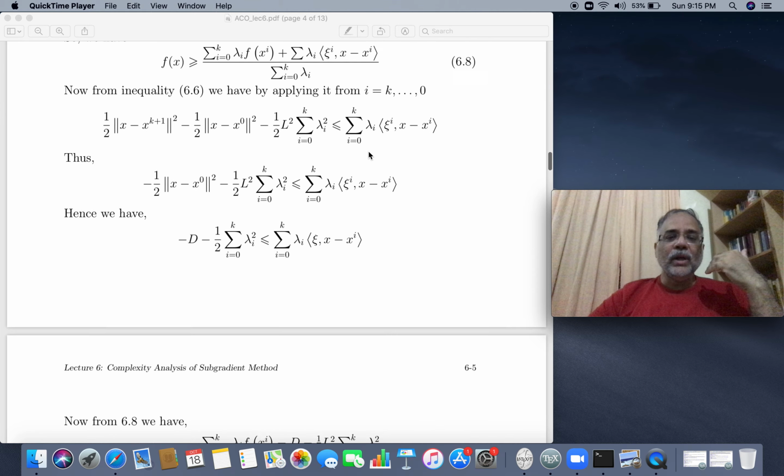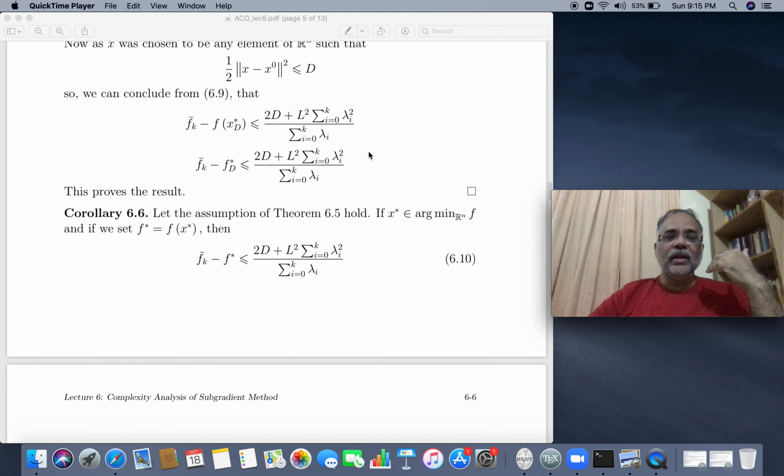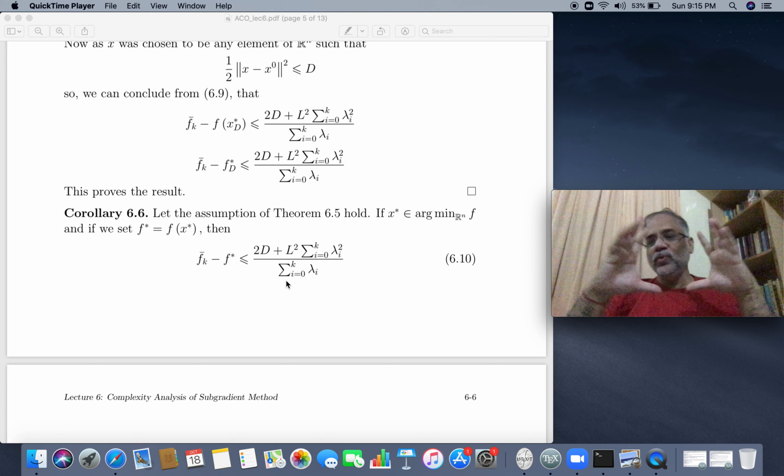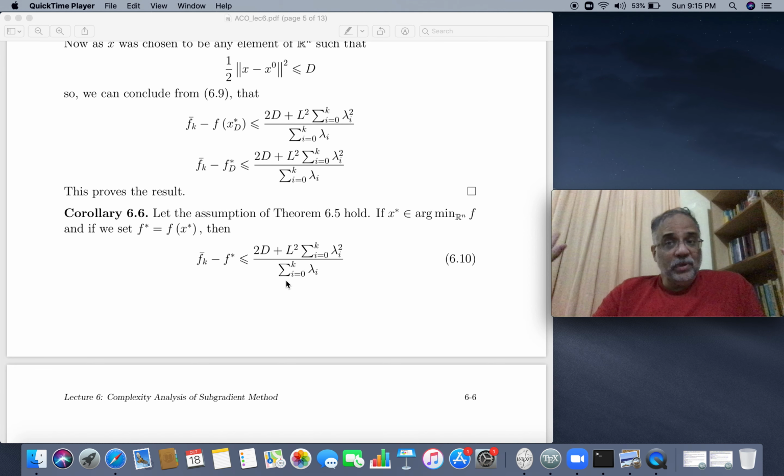Now what we say is important is this result. Suppose I choose D suitably large, or maybe, if you are lucky, suitably small. If you choose it suitably large, you will most probably have it.